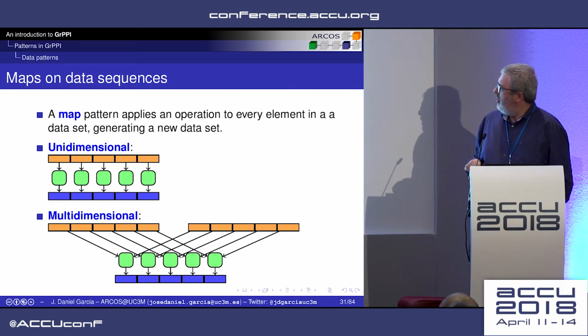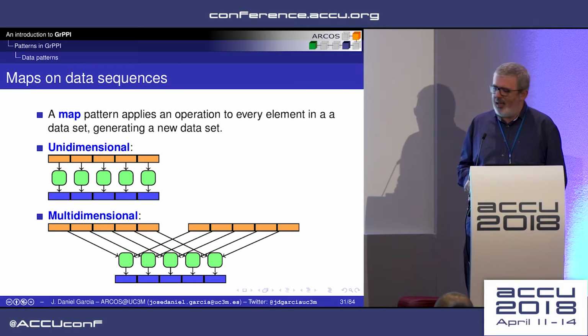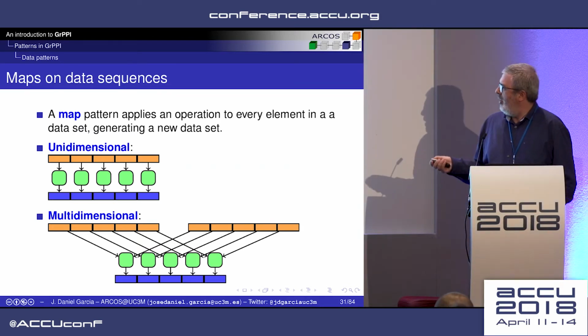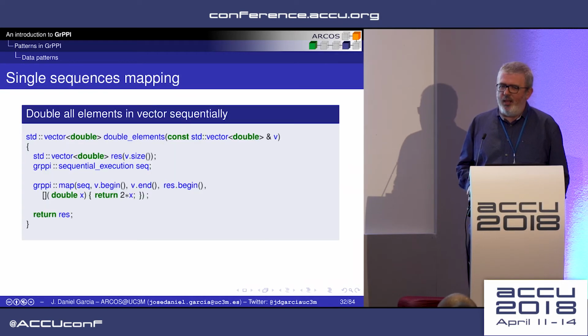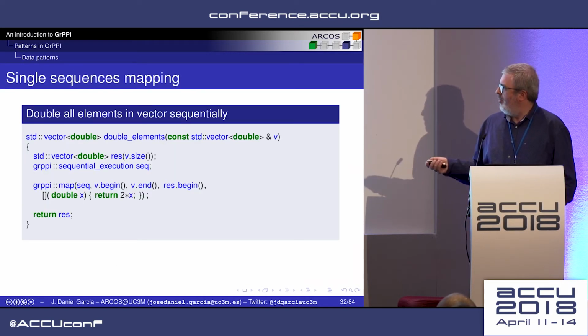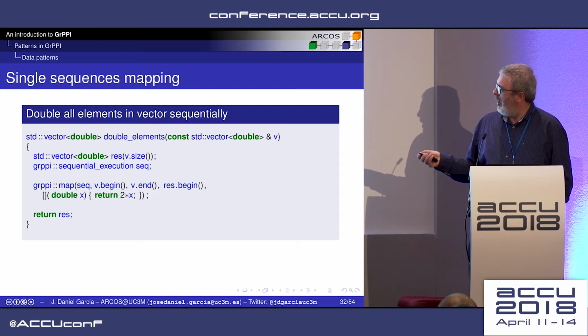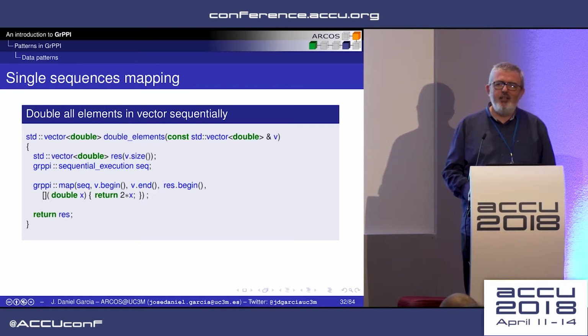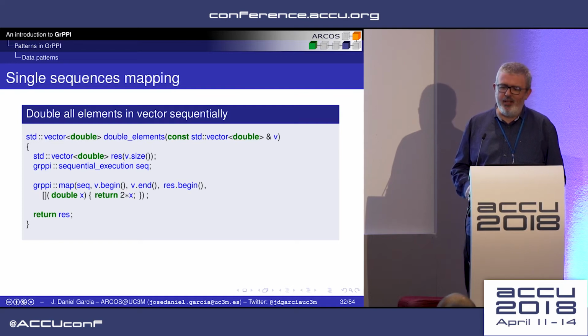So this is a very simple example, doubling all elements in a vector. If I want to do it sequentially, I just pass the sequential policy. But basically, I provide iterators to begin and end, and where I want to leave the result. So this is the same interface by design as a transform.